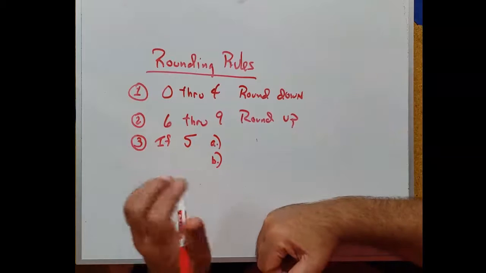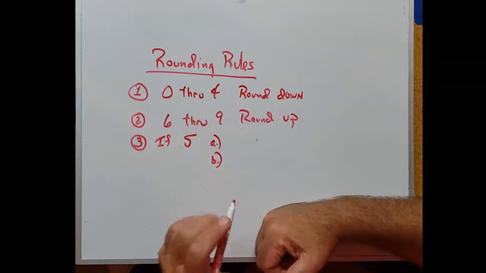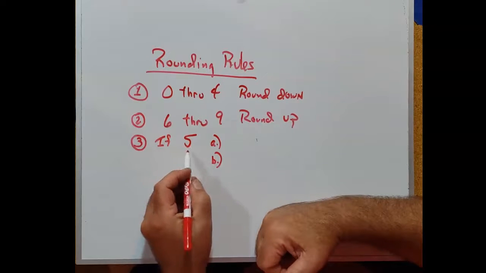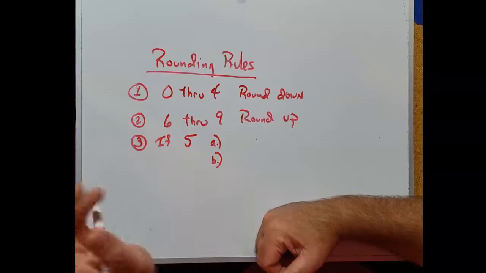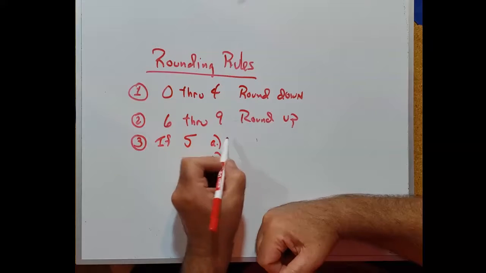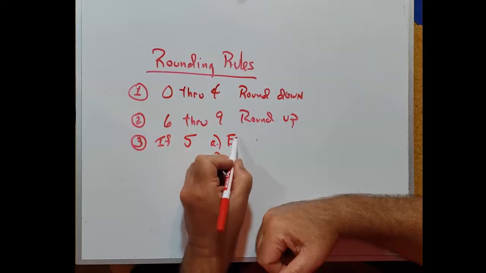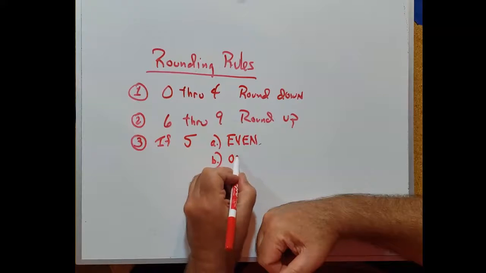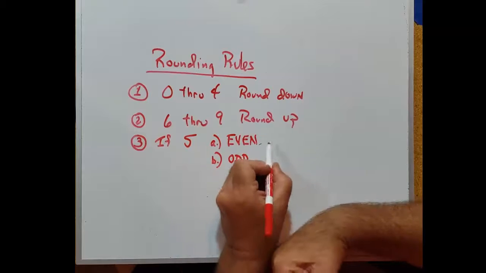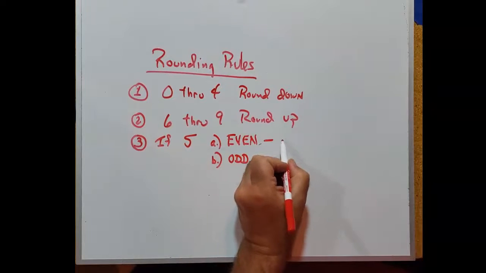All right. If the first number we're looking to chop off is a 5, we look at the number to the left of it, and we ask ourselves, is that number in front of the 5 even, or is it odd? If it's even, we round it down.